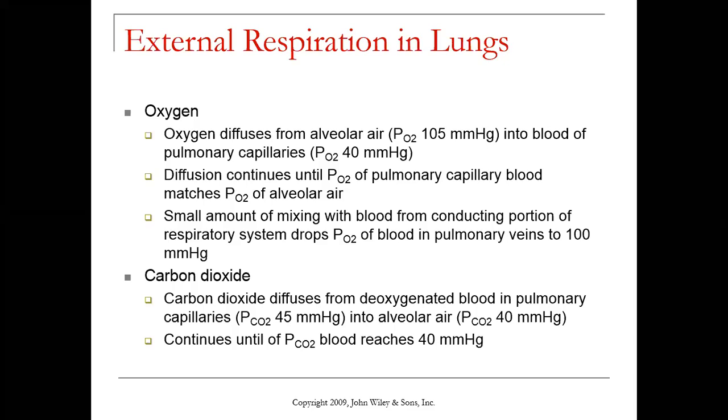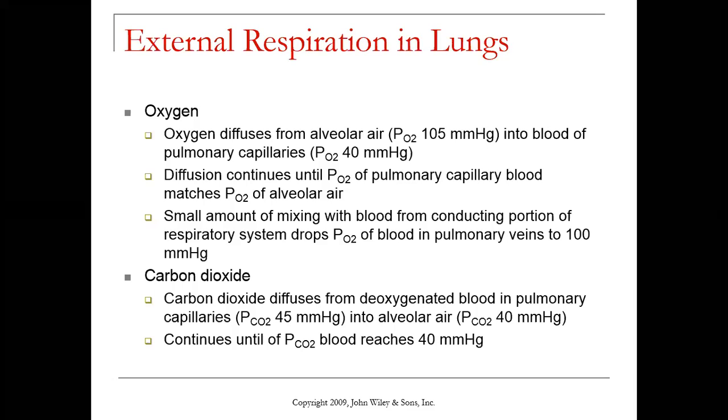So when a small amount of blood mixes from the conducting division with the respiratory division, the PO2 drops down a little, from 105 to 100 millimeter of mercury, and systemic capillaries contain that 100 millimeter of mercury partial pressure that goes into the body, and then the tissues take up oxygen, resulting in the drop from 100 to 40 millimeter of mercury.